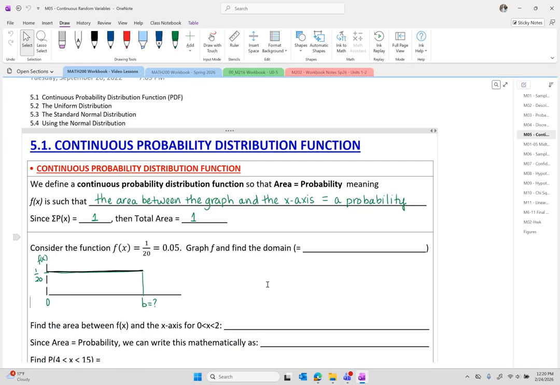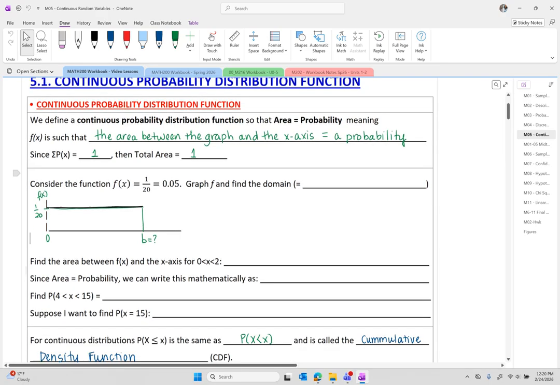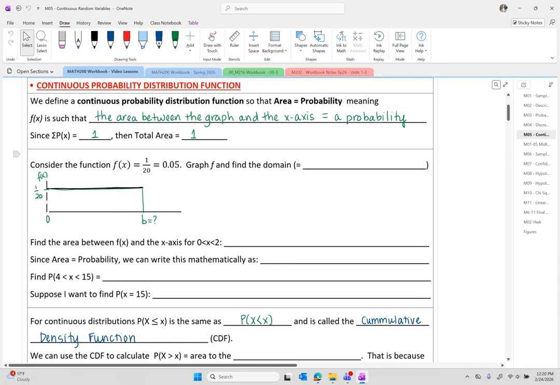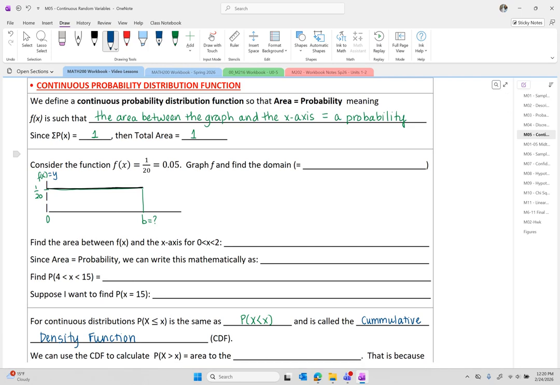So if we have a function that has f of x equals 1 over 20, or 0.05, and remember from algebra that f of x equals the y value. So the y value is 1 over 20. We want a function such that the area between the function and the x-axis adds up to 1.